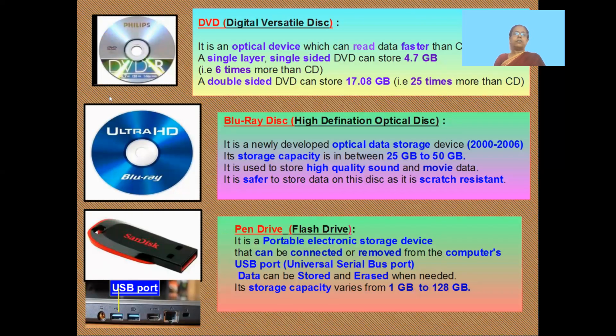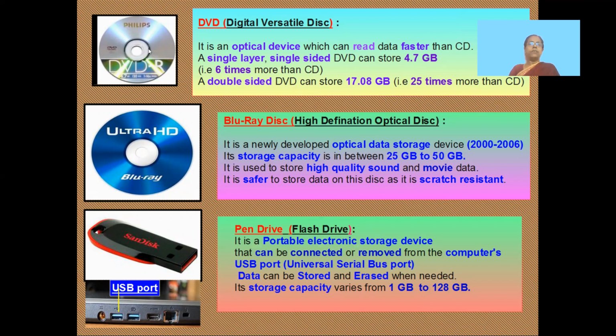Under the CD disk you also have other types of disk, which is called a DVD. DVD means digital versatile disk. This disk is an optical disk. It does work like reading data, which is very fast. And this disk has a single layer.